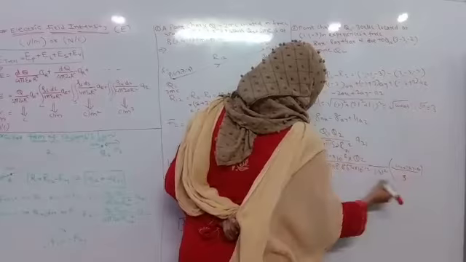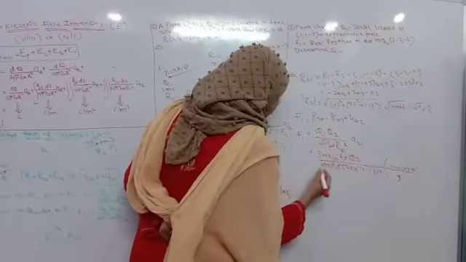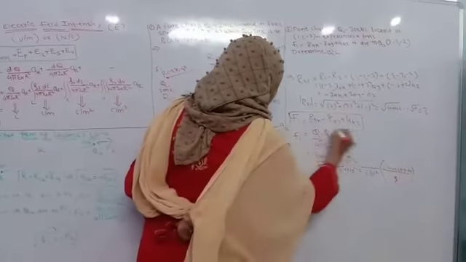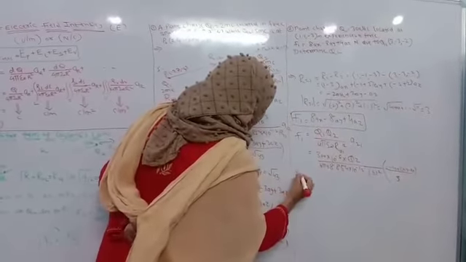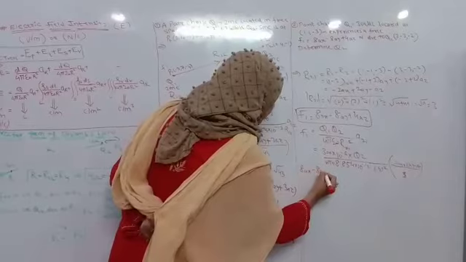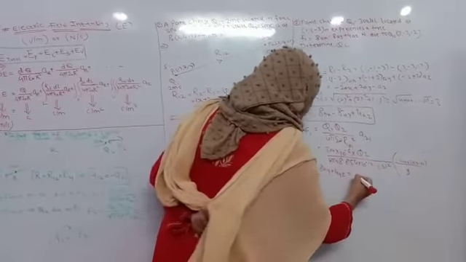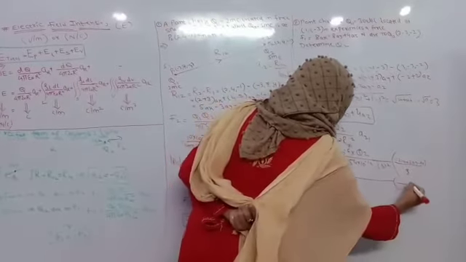And what is my F? Already F is mentioned in the numerical, so I need to add here 8ax minus 8ay plus 4az, equal to these terms.